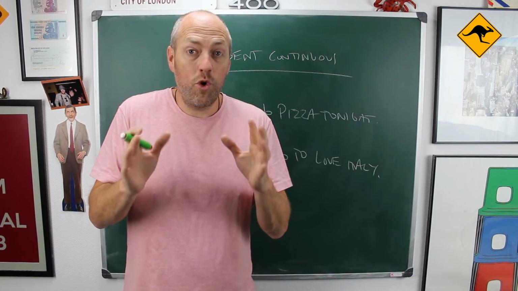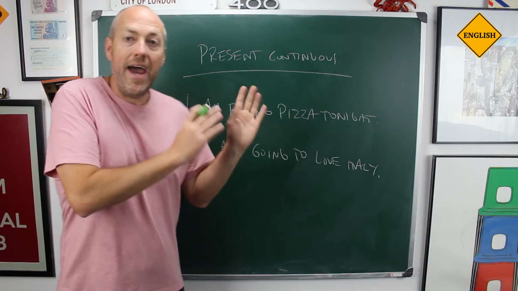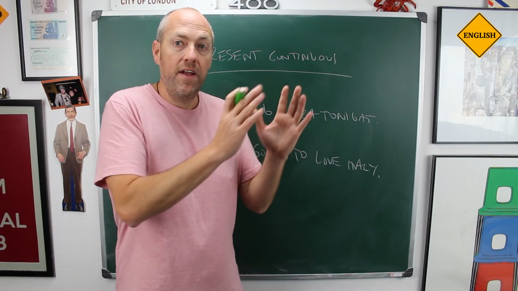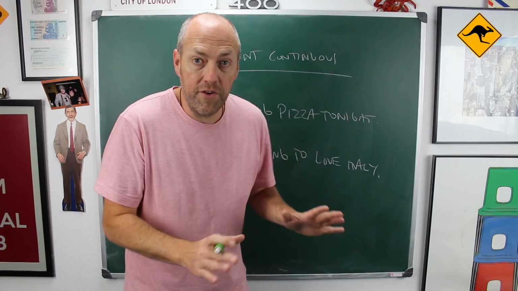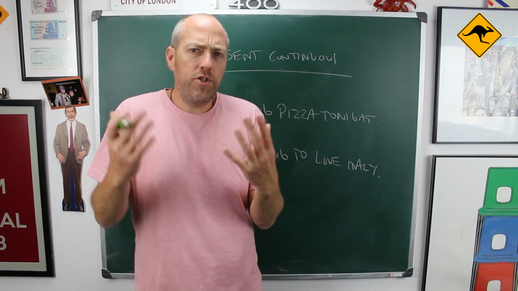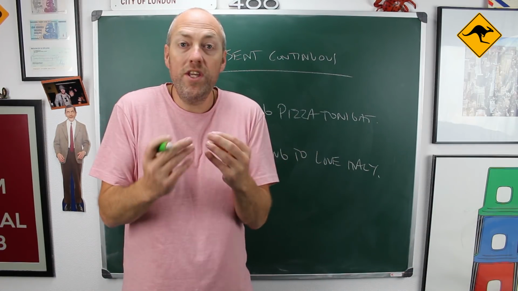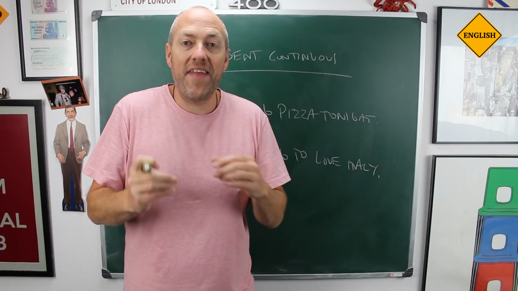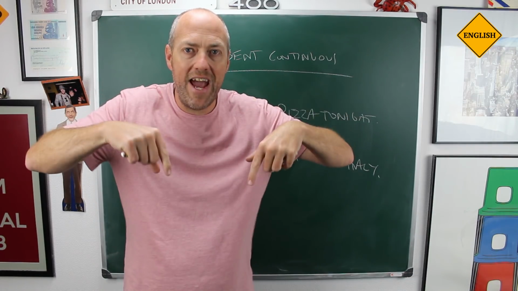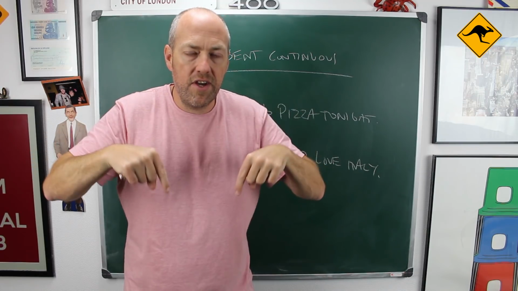The next way to talk about the future is using the present continuous. And here I am including both the present continuous with all verbs and to be going to. Now, what do we use the present continuous for in English? We use it to talk about things that are in progress now, things that are happening in or around this time.